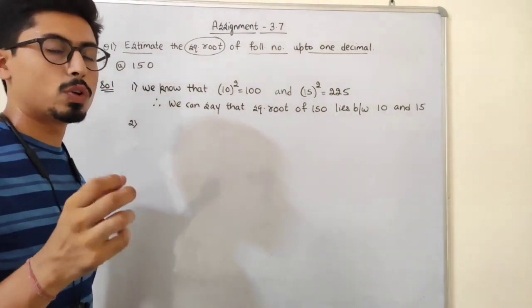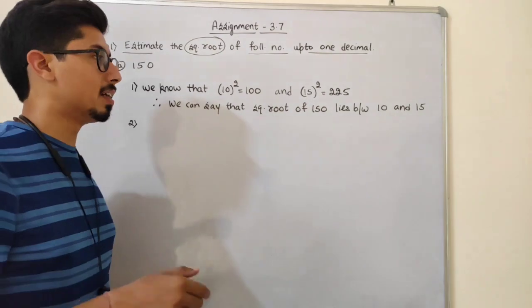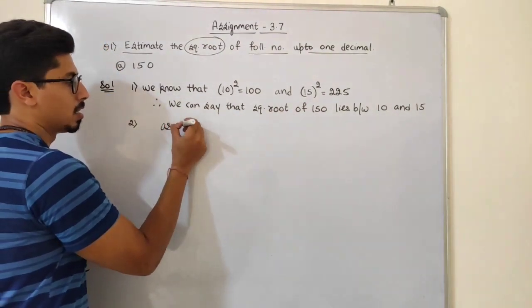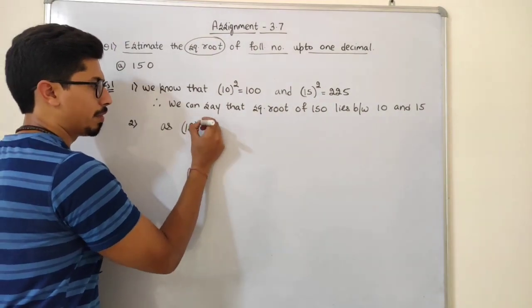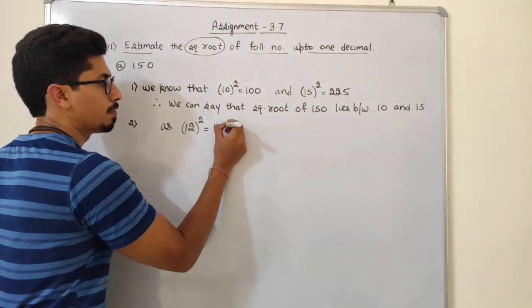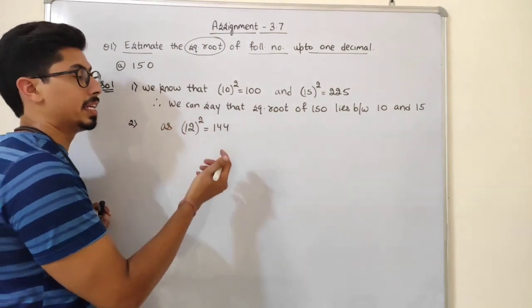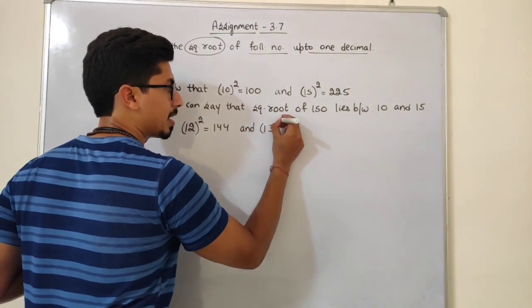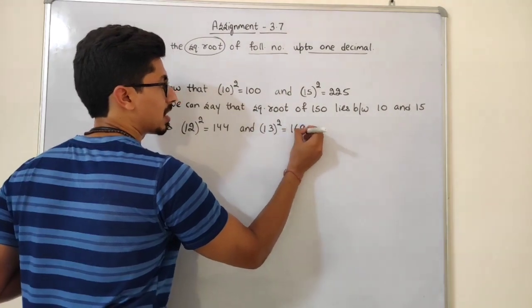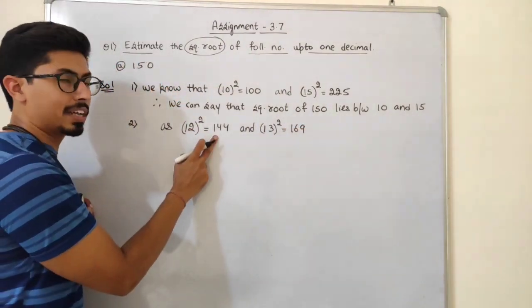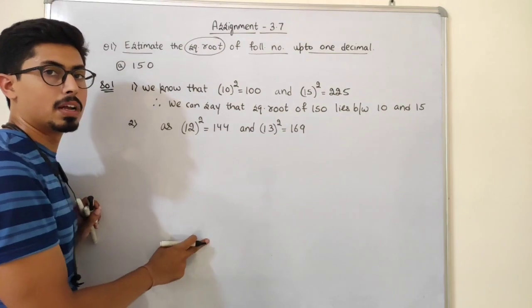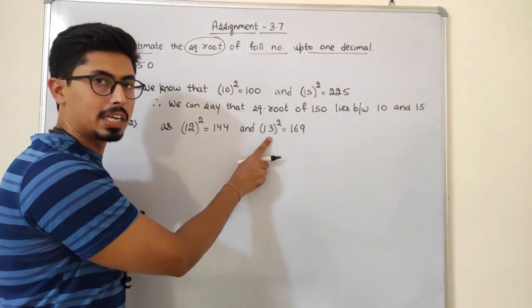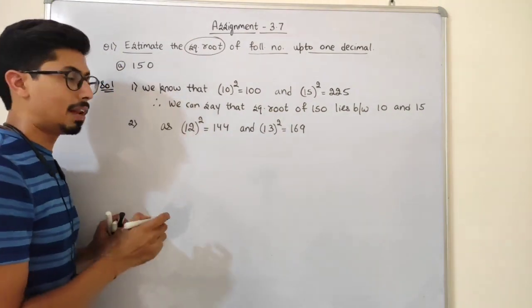And 13 squared is 169. This 150 is greater than 144 but less than 169, so the square root will be less than 13 but greater than 12.